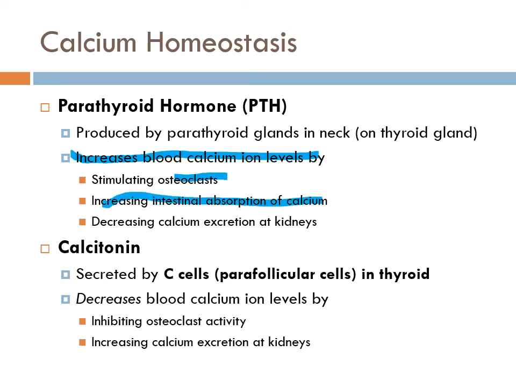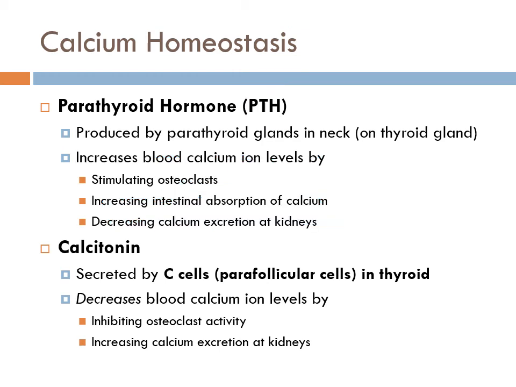So you're going to absorb more calcium from the foods that you're eating under the influence of parathyroid hormone, and by decreasing excretion of calcium at the kidneys. So we're going to release calcium from bone, absorb more calcium in our intestines, and eliminate less calcium from our kidneys, all under the influence of parathyroid hormone.